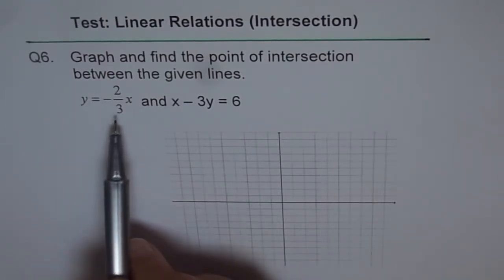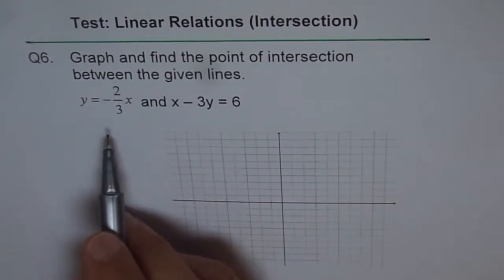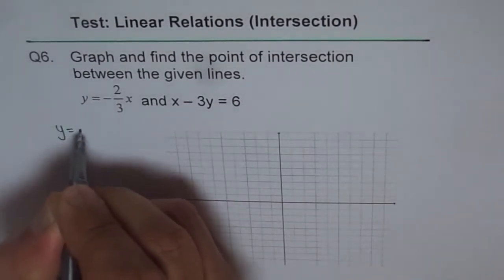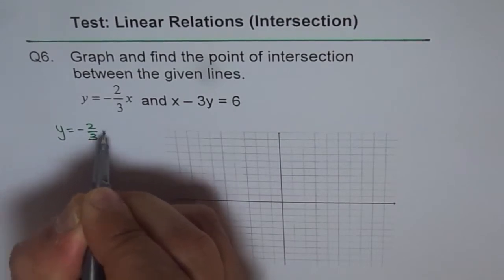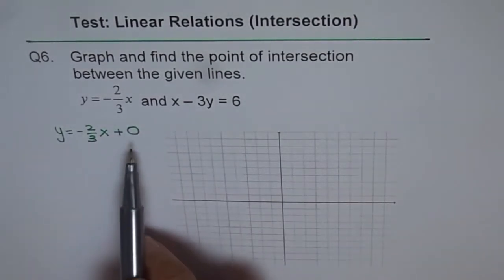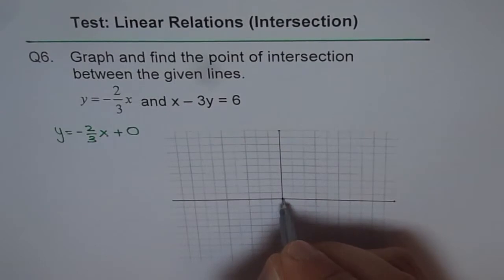This shows direct variation. What is the y-intercept here? It is 0. So if it is missing, you have to understand this equation actually is like this: y equals to minus 2 over 3x plus 0, right? Since it was 0, there is no point writing it. The y-intercept is 0. So we'll start from 0, right?